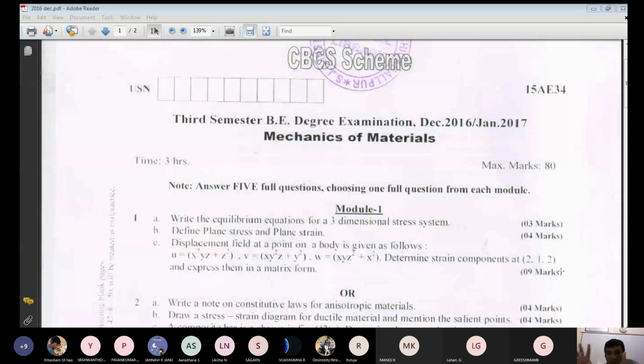You have to determine these 6 strain components by taking x is equal to 2, y is equal to 1, z is equal to 2, the coordinates x, y, z, and express them in matrix form. What does the matrix form mean?